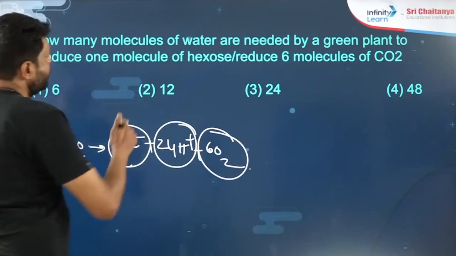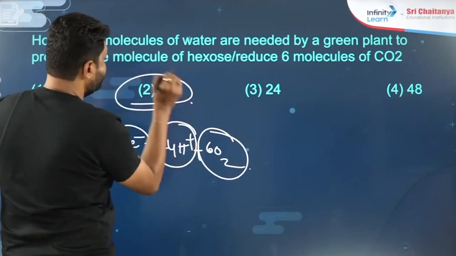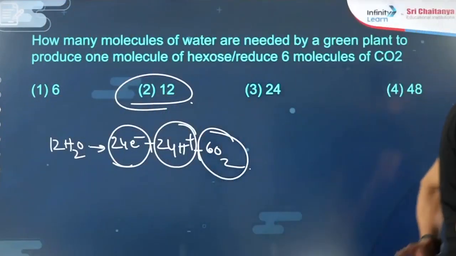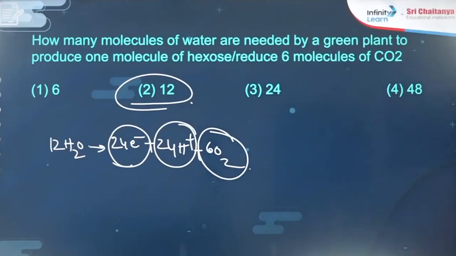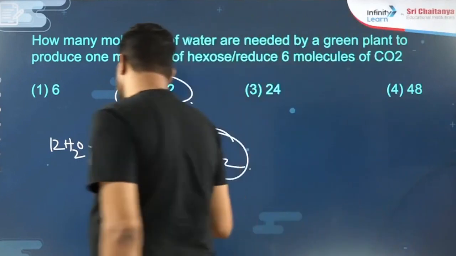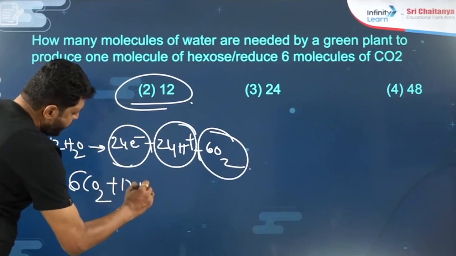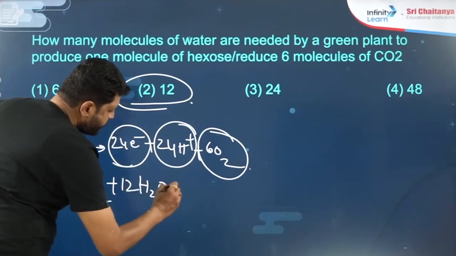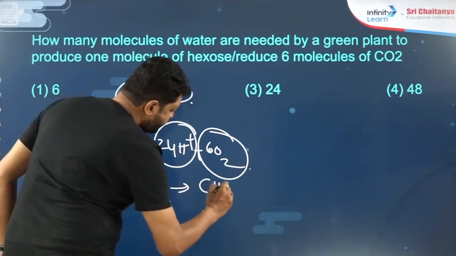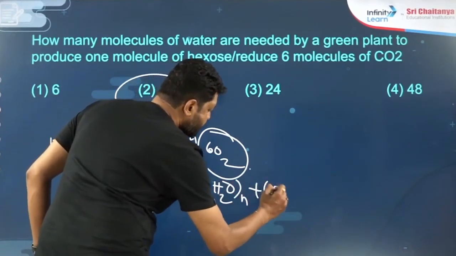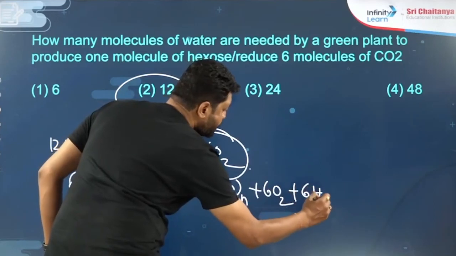So how many molecules of water are required? The correct answer is 12 molecules of water are required for the reduction of 6 molecules of CO2 in direct reaction, because we write it in the reaction itself: 6 CO2 plus 12 H2O give rise to 6 O2 plus 6 H2O.